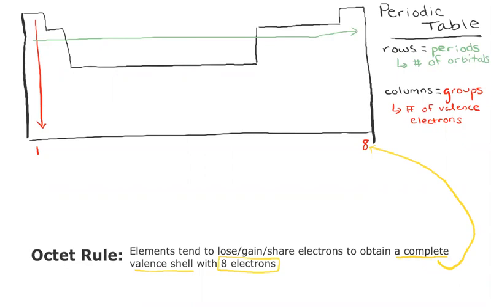So as you go across through different columns, you're also going to increase how stable the atom is, because you have more valence electrons.